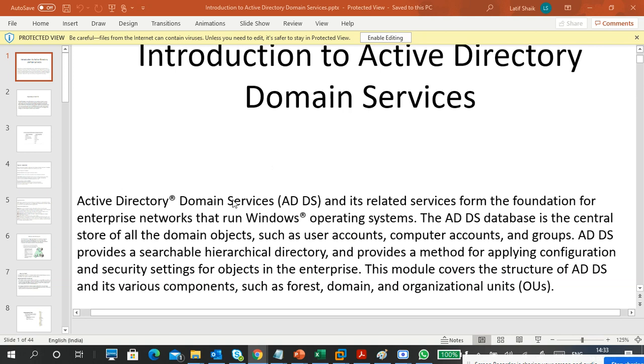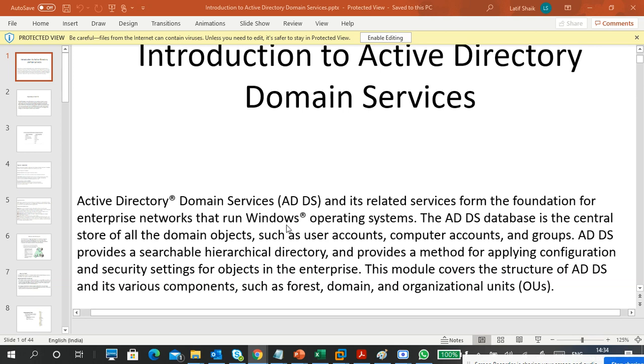Okay, so what is it saying? This is not a definition of the thing, but you will find it in a lot of places, because the name Active Directory came from enterprise Windows operating system environments only.